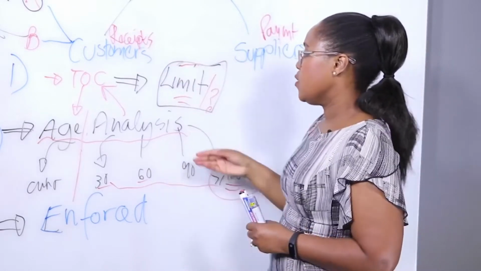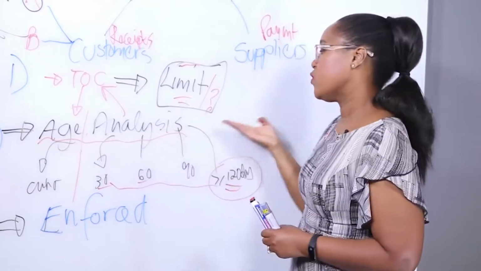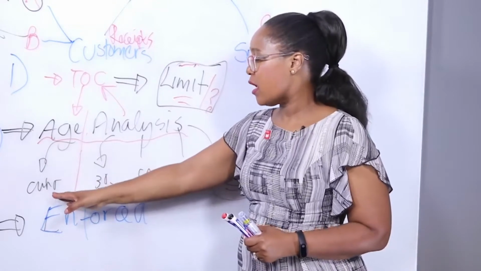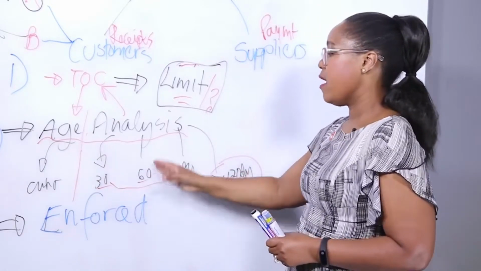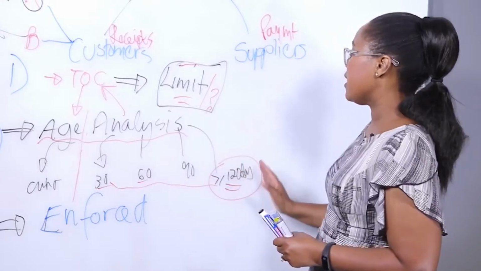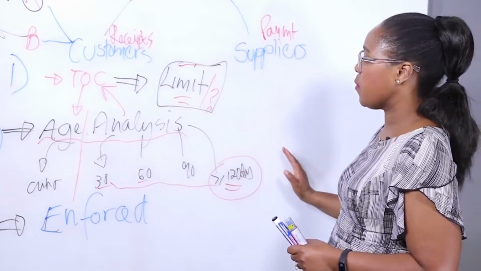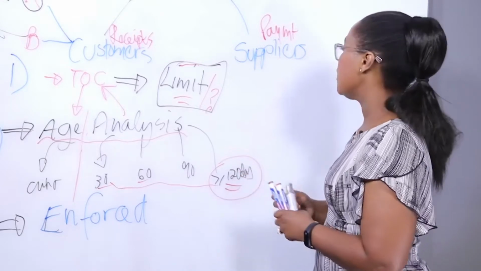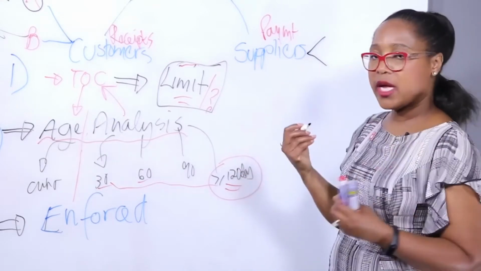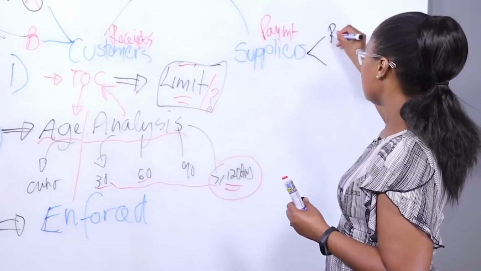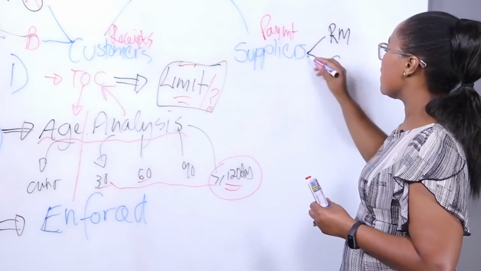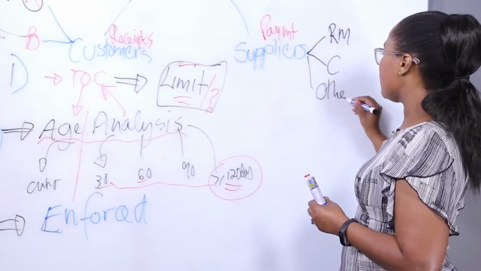So again, your accounting records should be showing how much is sitting on current, how much is sitting on 30 days, how much is sitting on 60 days, and how much is sitting on 90 or more than that. It's the same principle. You also might need to categorize your suppliers. Maybe you might look at your suppliers in terms of raw materials, consumables, and you might have other suppliers.